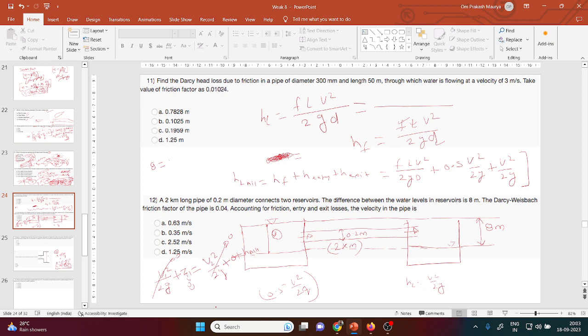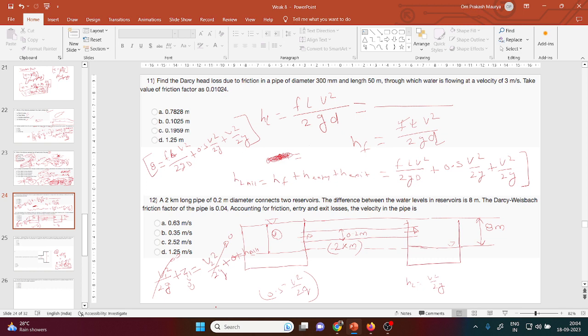In the all losses, you know everything. F L V square by 2gD plus 0.5 V square by 2g plus V square by 2g. Only V is unknown. So you can easily calculate how much V will come out. So please try it.